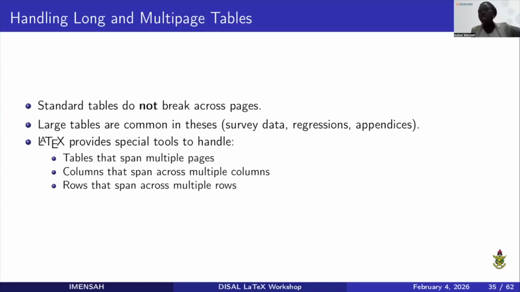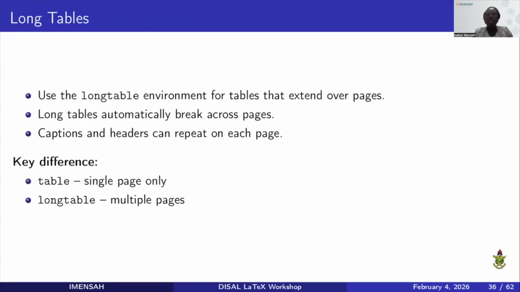So you start a table on one page. Because it's so long, it can span across 4 or 5 pages. And LaTeX has a special tool for handling that, so that tables can span across multiple pages, and columns can span across multiple columns as well as rows. So for long tables, we use the longtable environment.